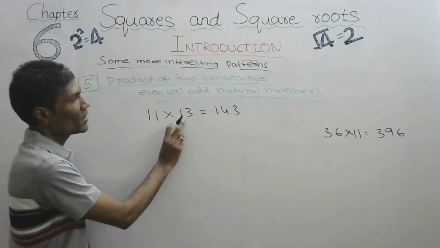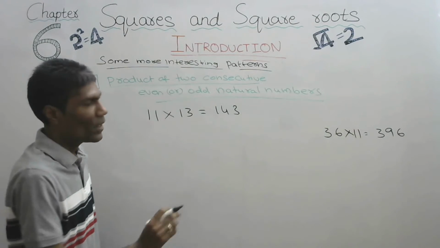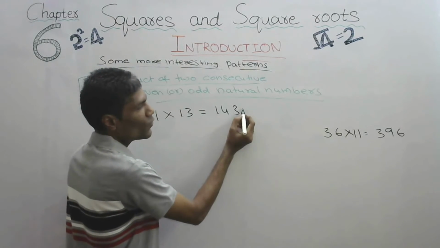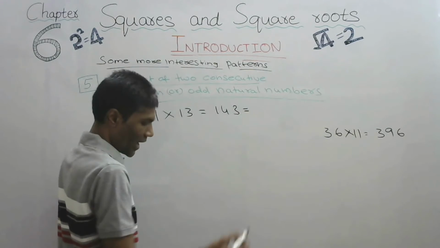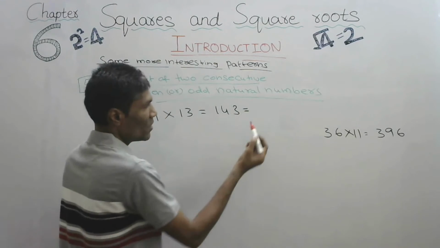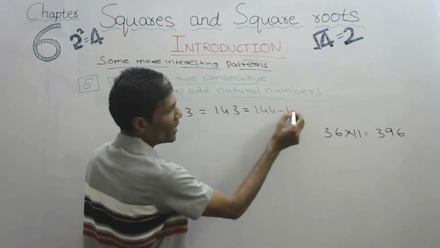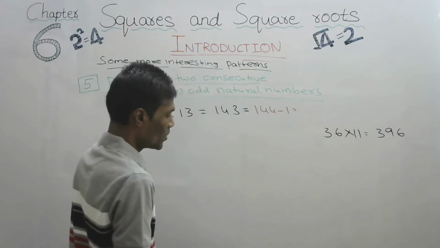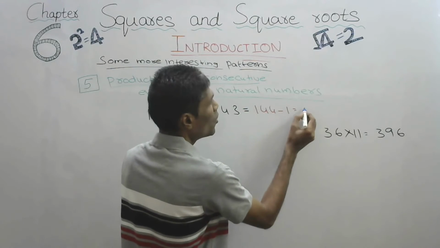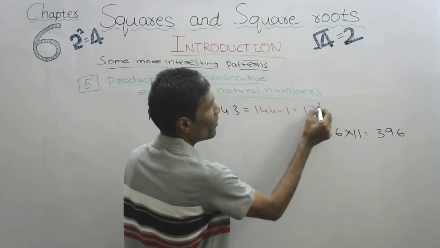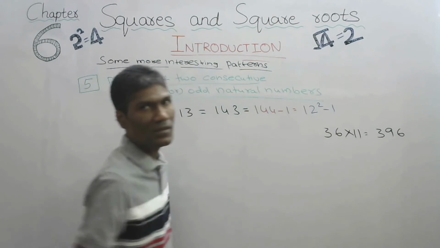Anyway, this is 143. Now, this 144 minus 1 is equivalent to 12 square minus 1.